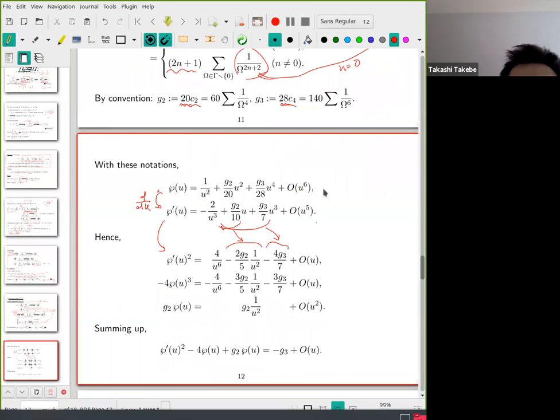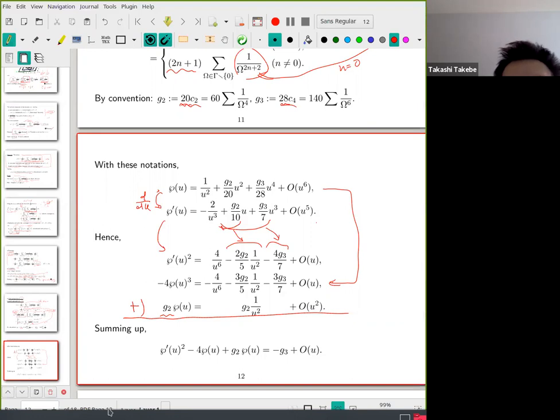Well, the cube of this P is like this. Cube times minus 4, like this. And this is the same as this, just we multiplied by G2. And we sum up these 3 functions. What happens?